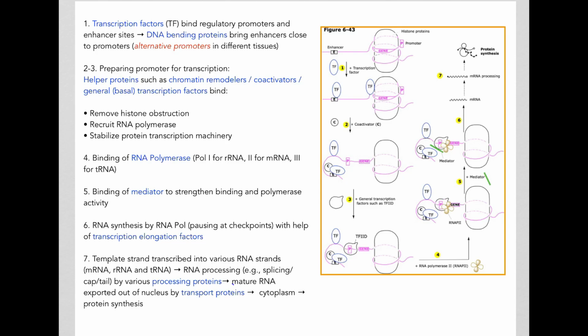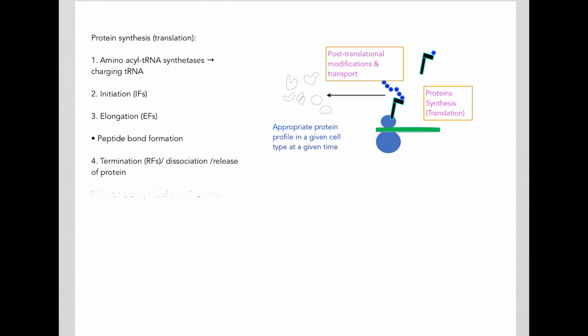After the RNA is processed, the matured RNA is then transported out of the nucleus by transport proteins. And once again, we can control the activity of these transport proteins and thereby affect the concentration of the enzyme in the cell.